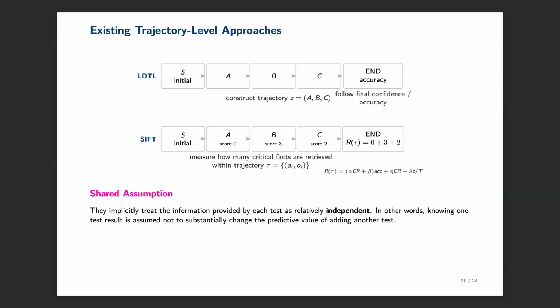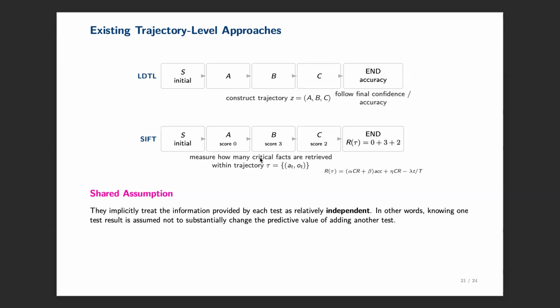So this slide summarizes the common structure. LDTL constructs a trajectory and evaluates whether the trajectory improves diagnostic confidence or accuracy. SIFT evaluates the trajectory by checking how much critical evidence was retrieved. Both are trajectory-level approaches, and both improve over simple final answer supervision.